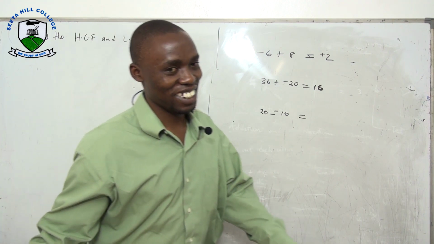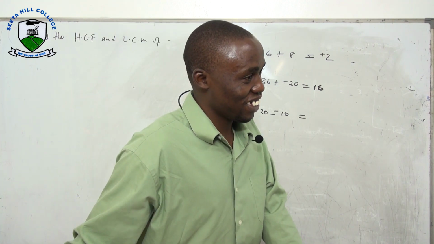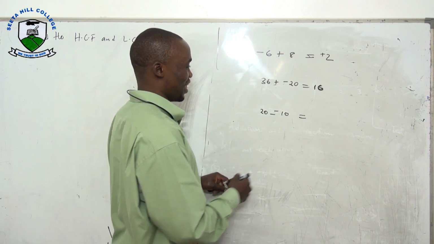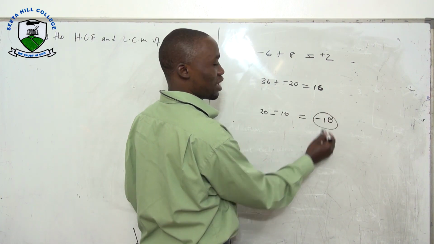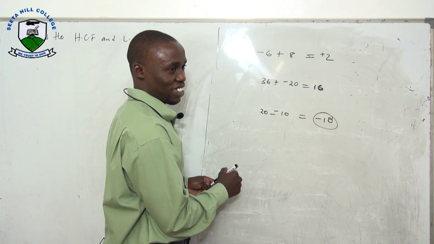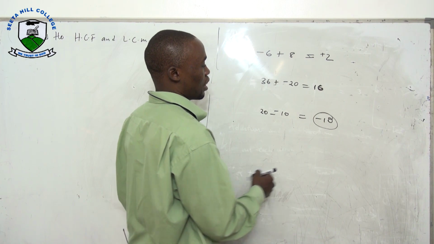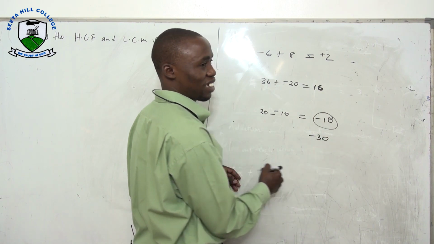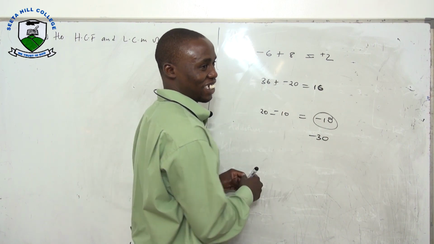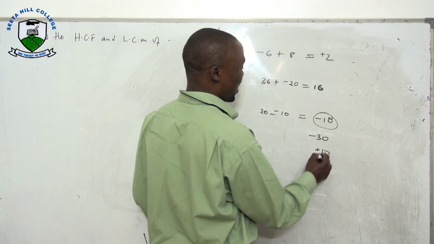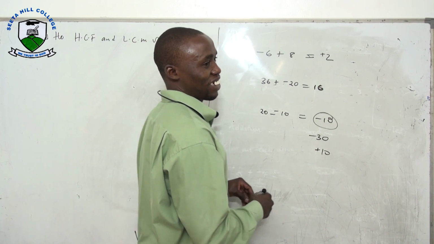Let me see, negative 10. Negative 10. Let me hear more answers. Negative 30. Then we discuss over why those answers are so. Negative 30. I think it's positive 10. Positive 10. That's according to your body.